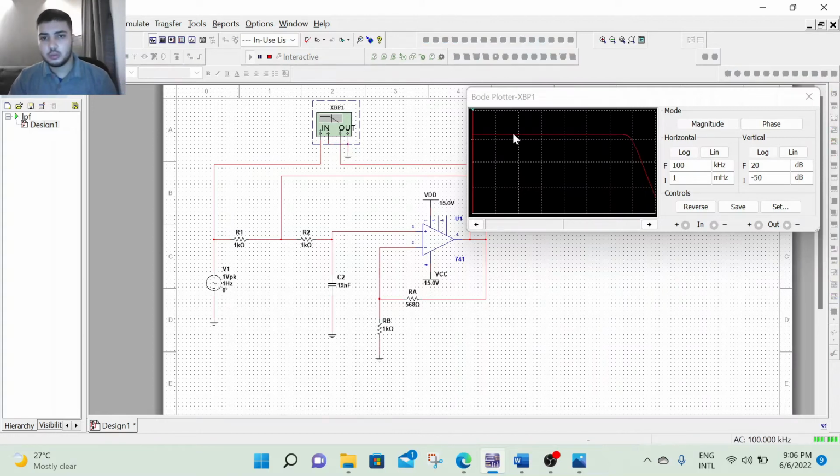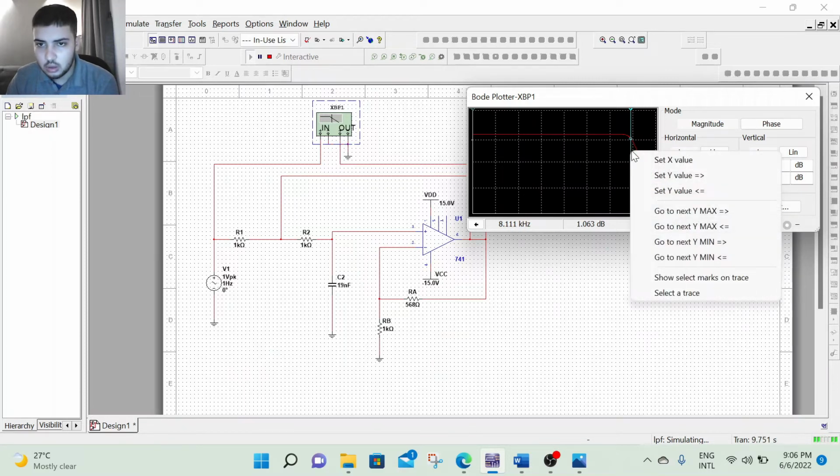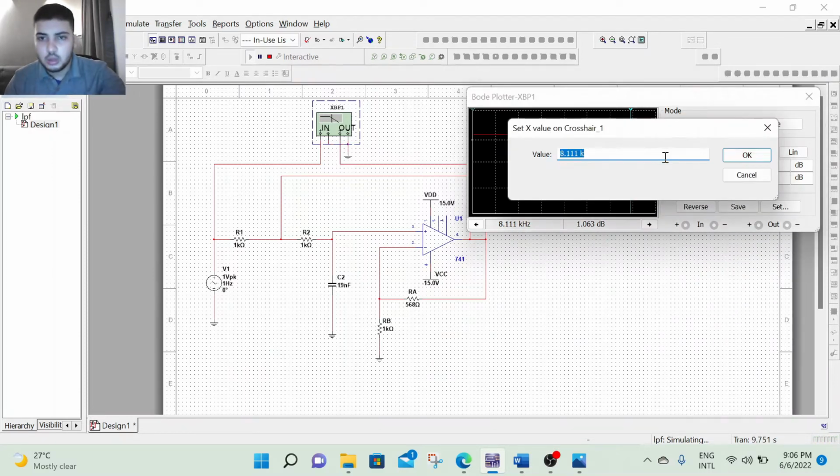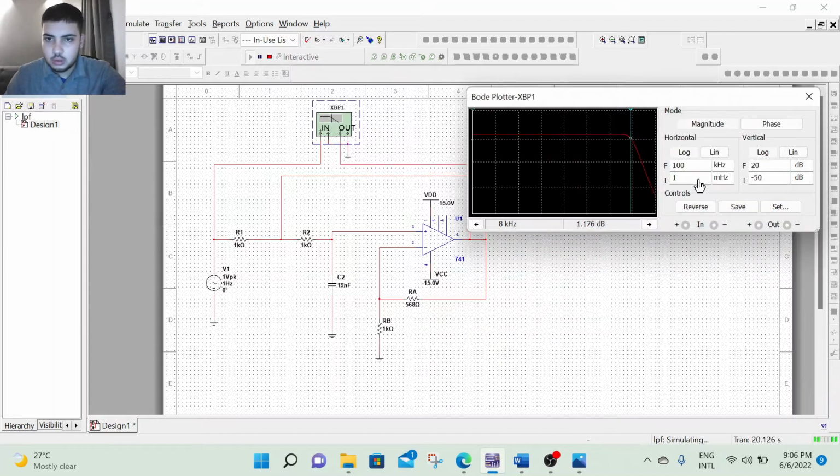As you can see, the line is changing almost at 8 kilohertz, as the assignment asks. This here is our output, and that's all from me. Thanks.